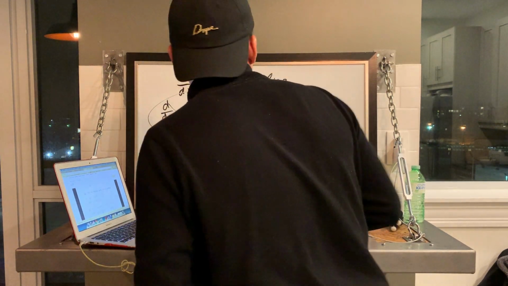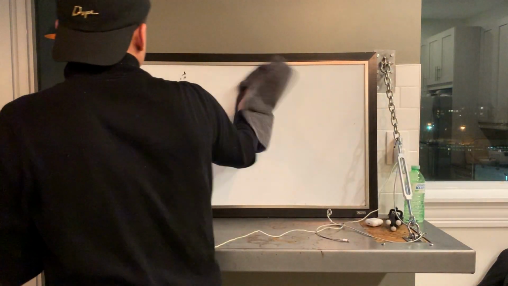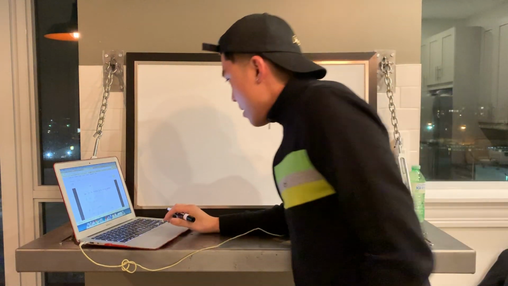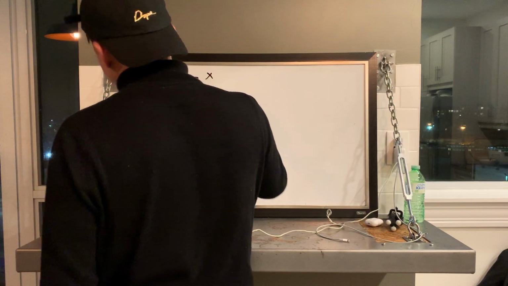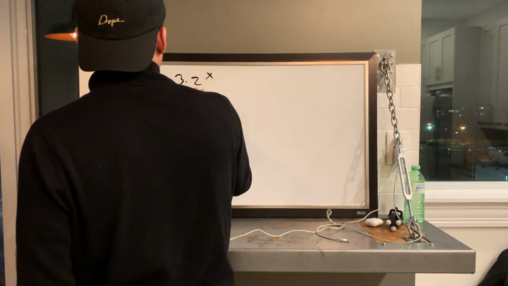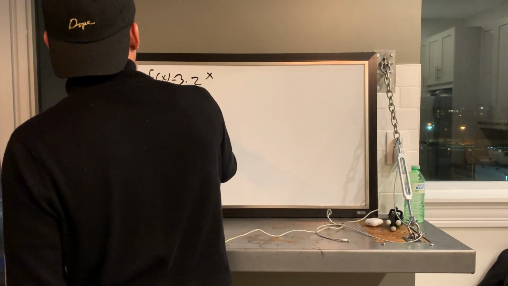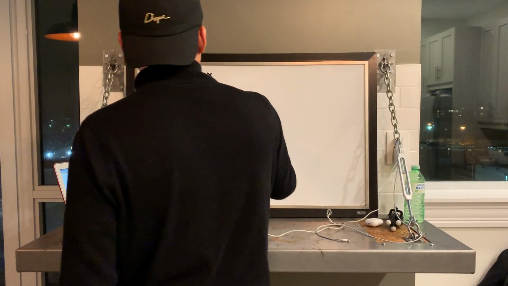So if I have, I'll make this a little less graphic for you guys, if I have 3 times 2 to the x, then I would just have 3 times 2, so f prime of x equals 3 times 2 to the x ln 2, essentially.